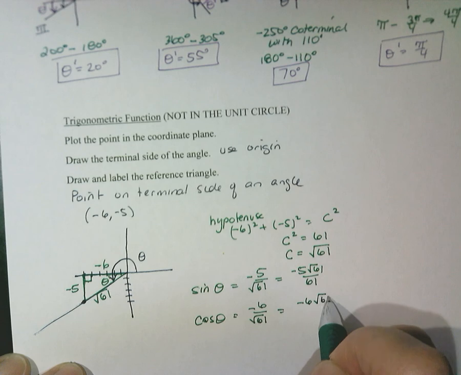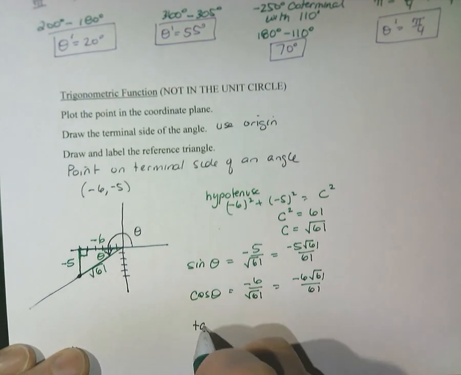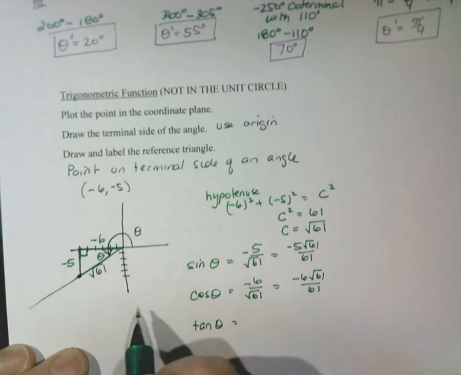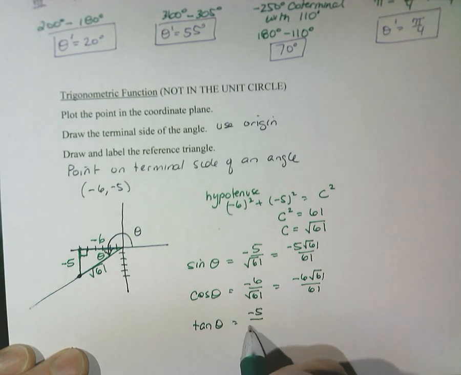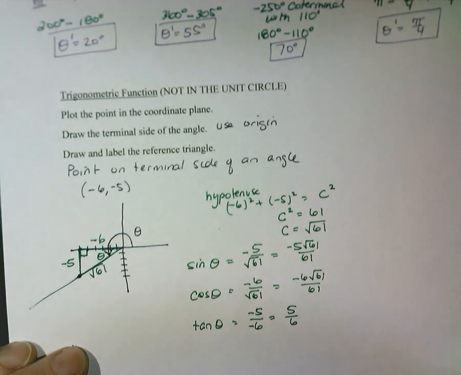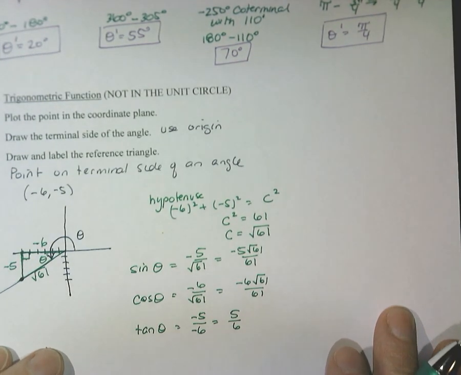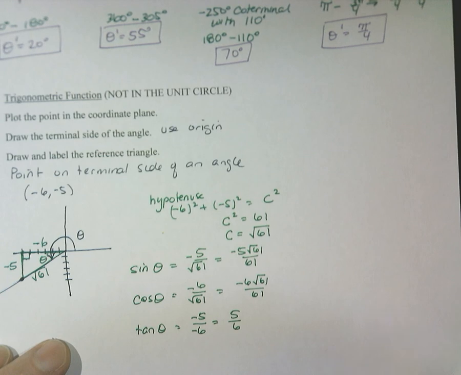Rationalize the denominator. Tangent of theta is the opposite over adjacent, and always reduce your fractions. Negative over negative is going to be a positive.